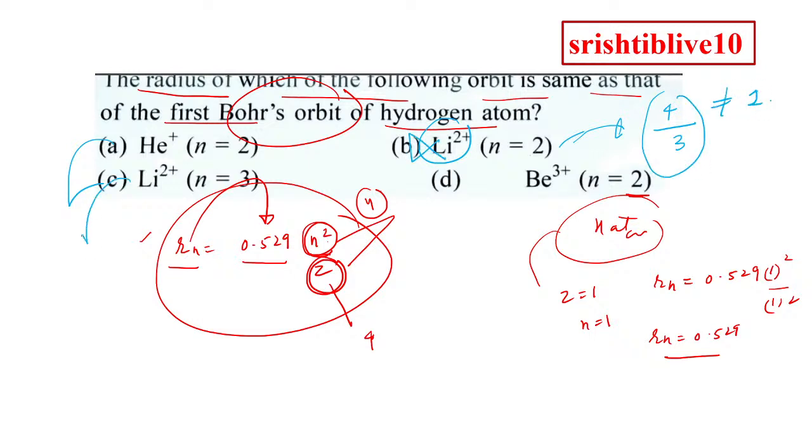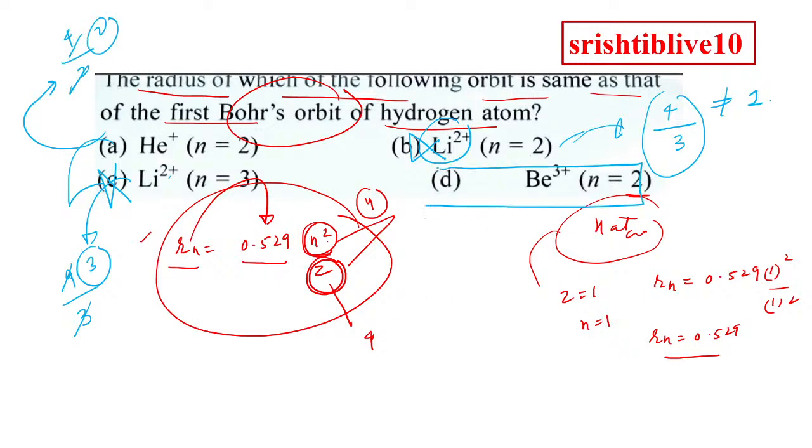Let's go to Li2+. n equals 3, so 3 square is 9, and Z is 3, so this is not 1, so we can cancel out this option also. For He+, n equals 2, so n square is 4 and Z is 2, so again it's not coming 1. So that is only possible when option D is going to be your correct answer.